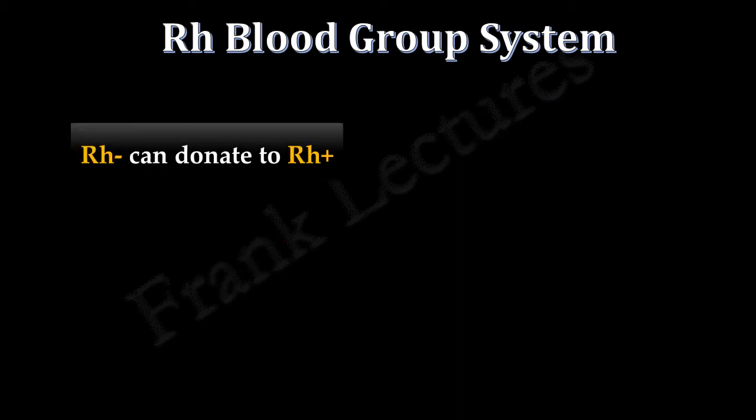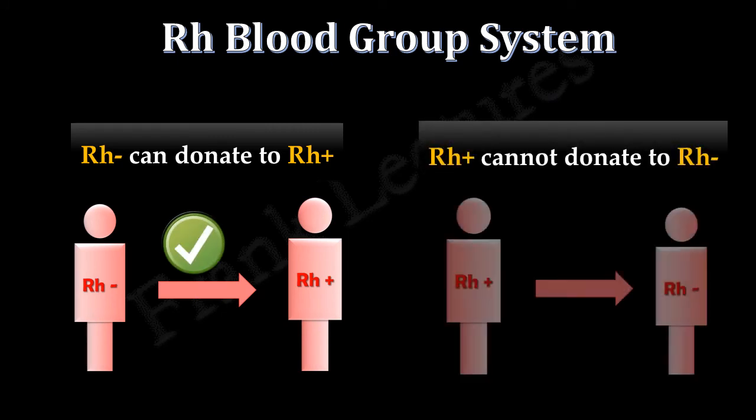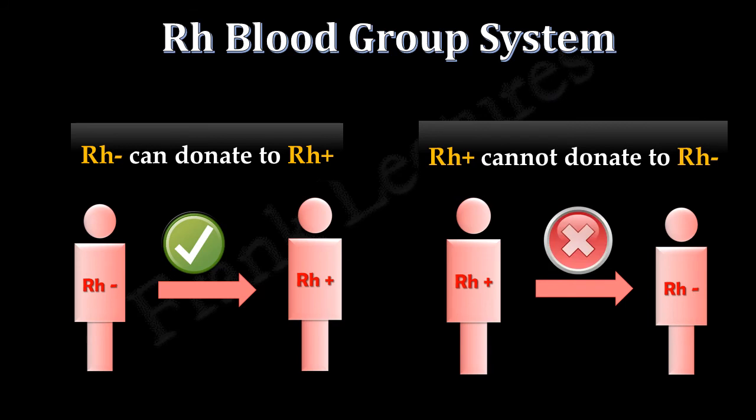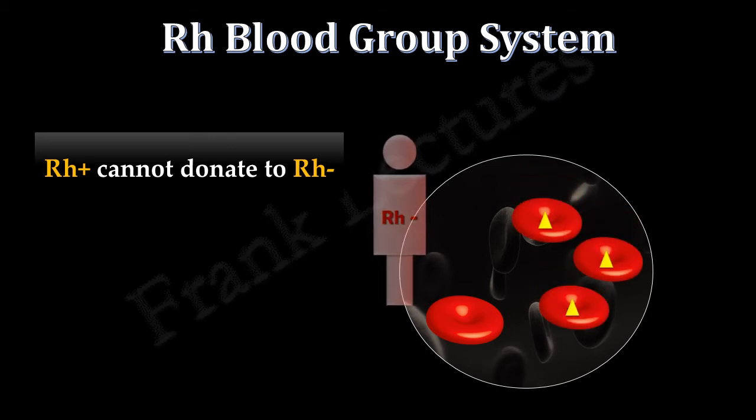So, Rh negative blood type can donate blood to Rh positive blood types. But Rh positive donors cannot donate blood to Rh negative recipients. This is because when Rh negative recipient encounters Rh antigen in their circulation, their immune system will treat it as foreign and mount an immune response.